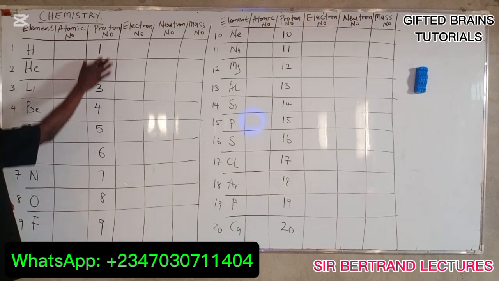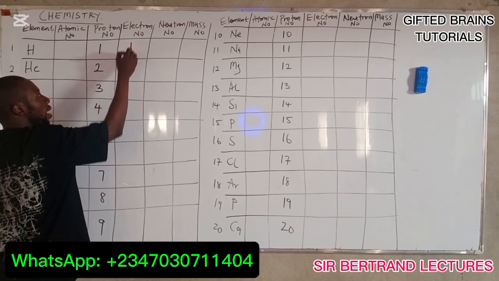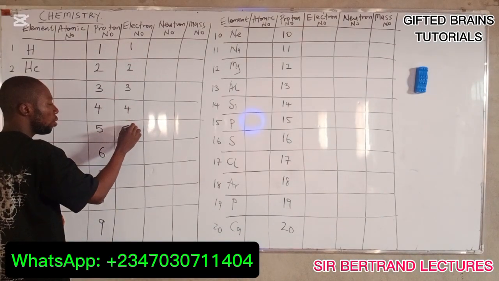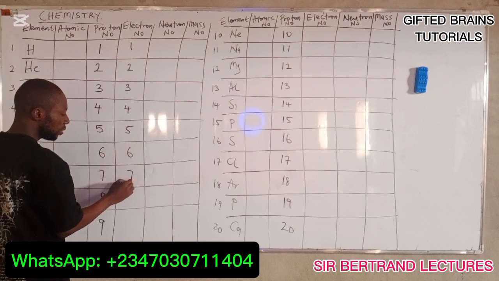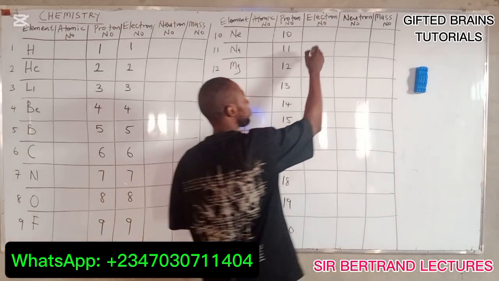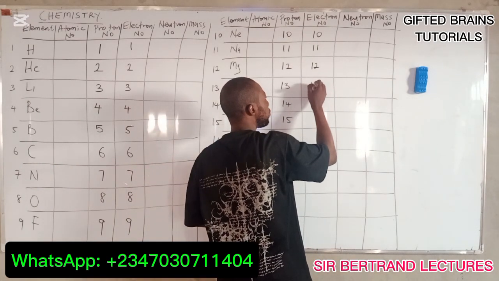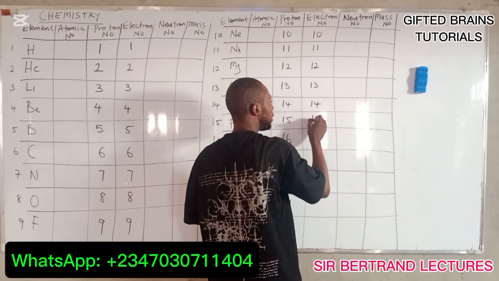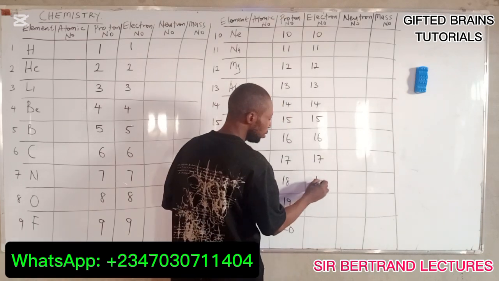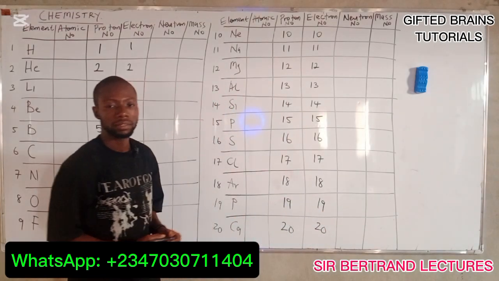Then the same numbers we filled here, we have it here, 1 through 20.